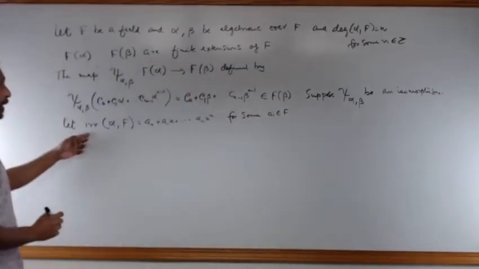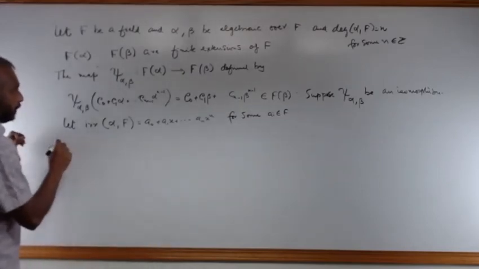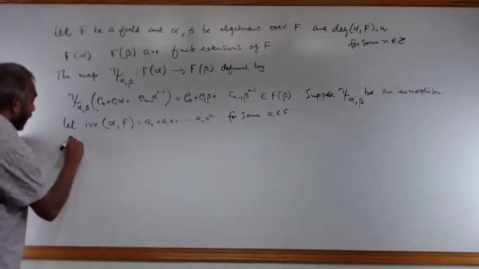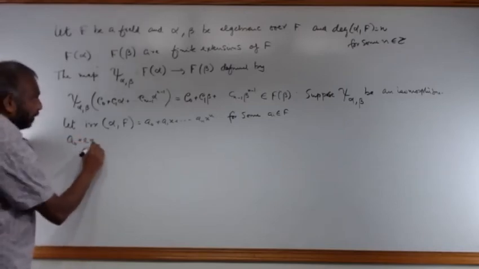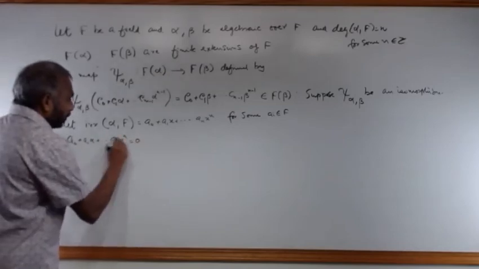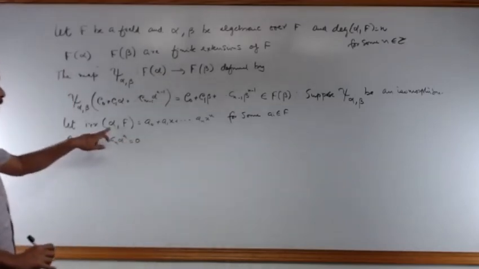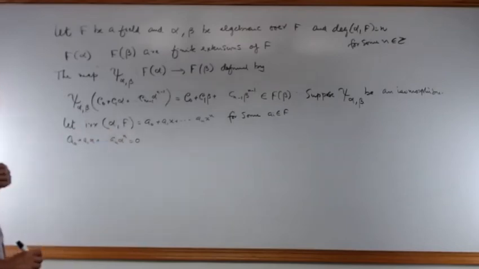So what does this mean? This means that a0 plus a1 alpha plus ... plus an alpha to the power of n is equal to 0, because it is an irreducible polynomial of alpha over F. Right?